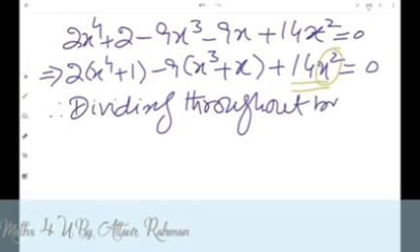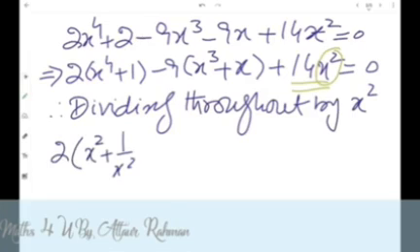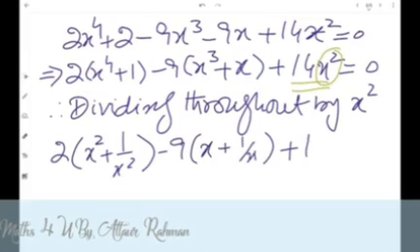Why? Because if x^4 is divided by x^2, it will reduce to x^2, and then we will divide 1 by x^2, so it will be left as 1 upon x^2. The second term will take the shape as minus 9 into (x plus 1 upon x), and the last term, that is the unpaired term, will take the shape as just 14, is equal to 0.